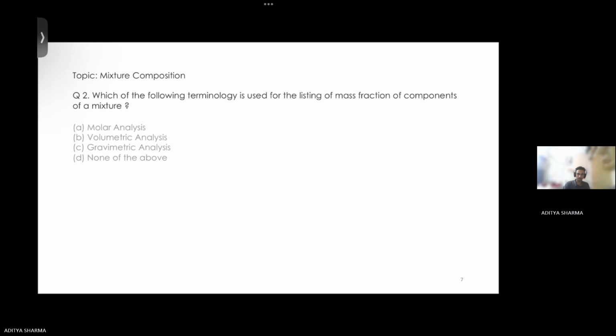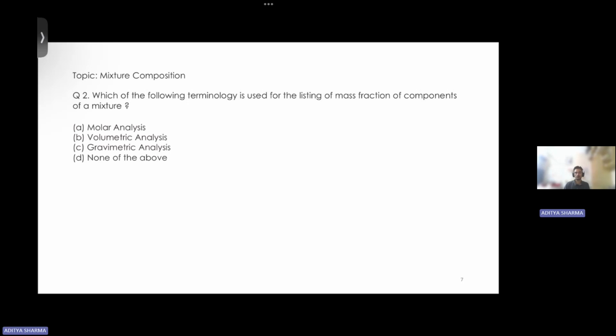So this is your second question based on mixture composition. The question asks which of the following terminologies is used for the listing of mass fraction of components of a mixture.